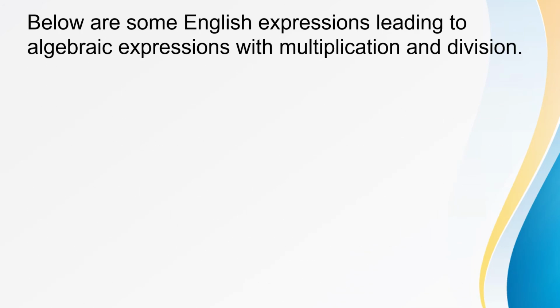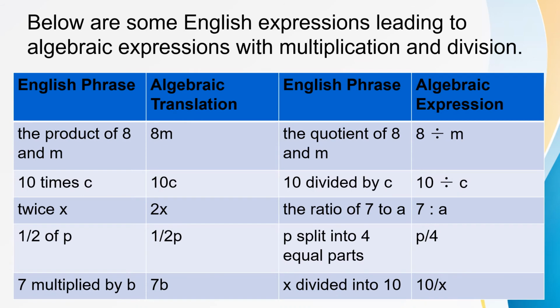Okay, so below are some English expressions leading to algebraic expressions with multiplication and division. So we have the English phrase and the algebraic phrase. The product of 8 and m. So the answer is 8m.